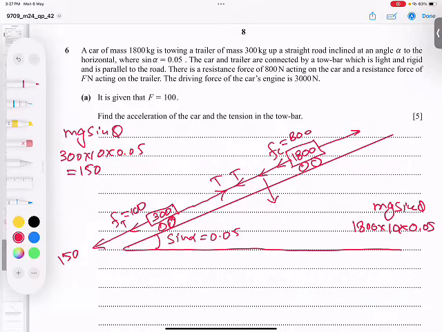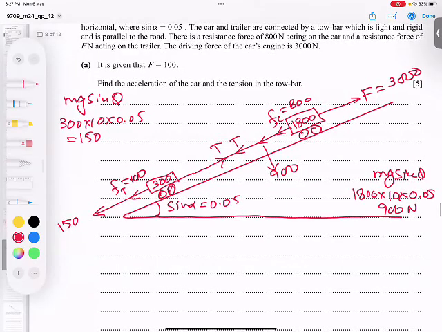So I got 1800 into 10 into 0.05, which is 900 newtons. So the weight component is 900. Now what is the applied force? The driving force is given as 3000.